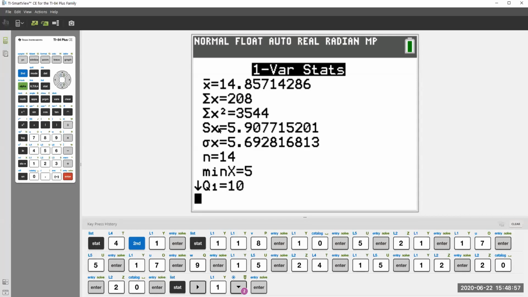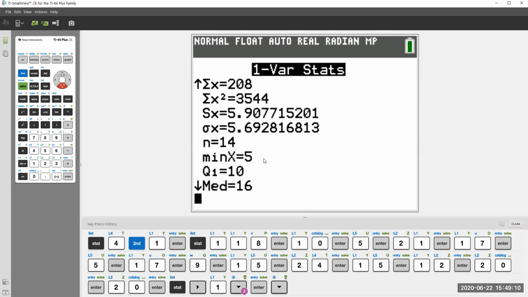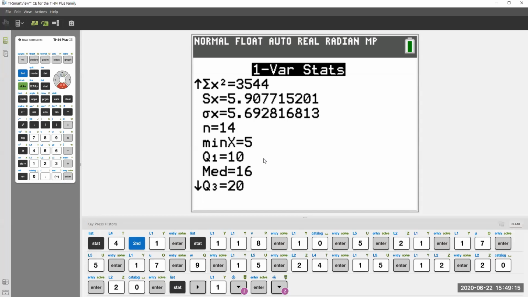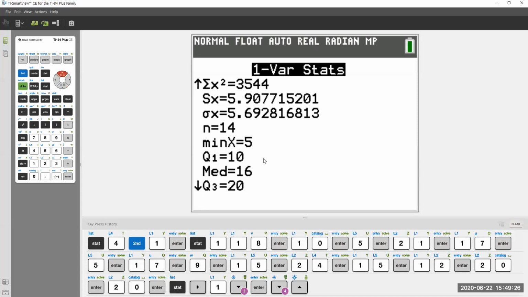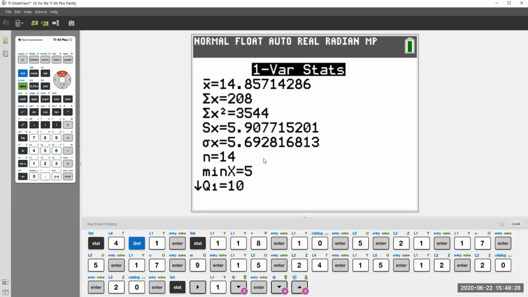It's also going to give you, and we're going to discuss these in the next section, the sample standard deviation. And it gives you the minimum value and the median. See here, this is the median, and it gives you what we call the quartiles. I'm going to discuss the quartiles also in the next section, and then the maximum. All right, all these values are available using the calculator.